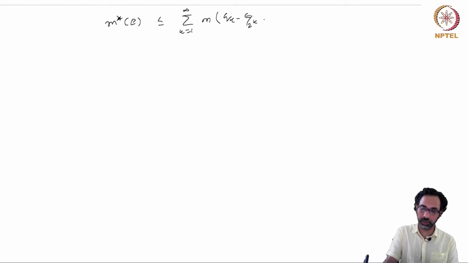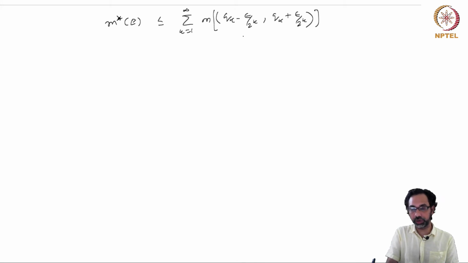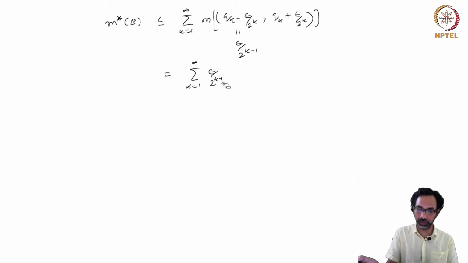Now we can easily compute this: each is simply epsilon over 2^(k-1). So the sum of epsilon over 2^(k-1) is some constant c times epsilon, where c is actually a half.